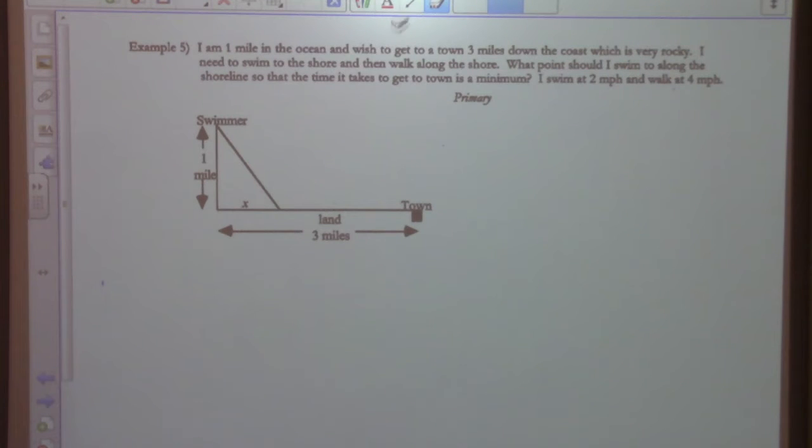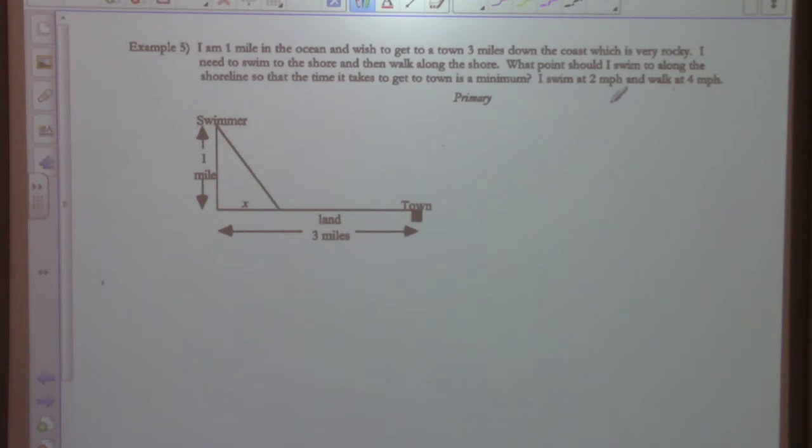Here we want to find an equation for time. And how do you get an equation for time out of this? You have swimming at 2 miles an hour and walking at 4 miles an hour. Yeah, it's kind of tough.